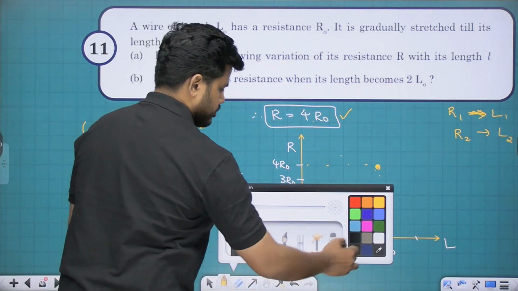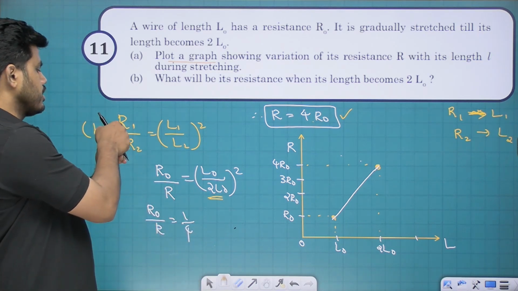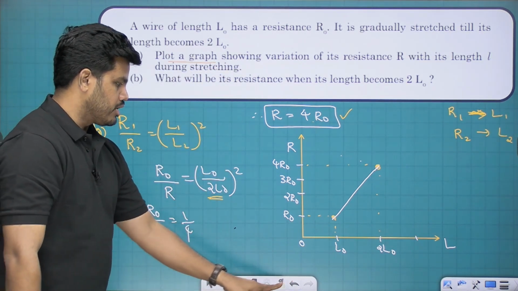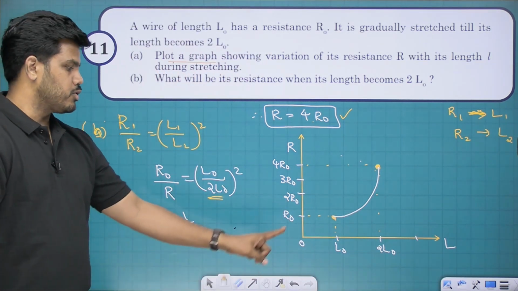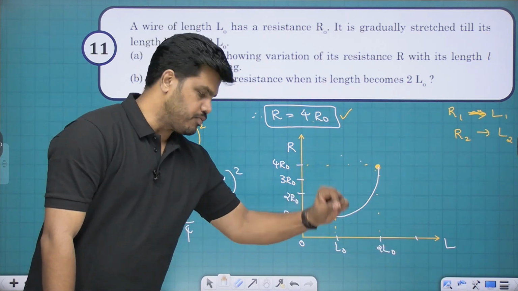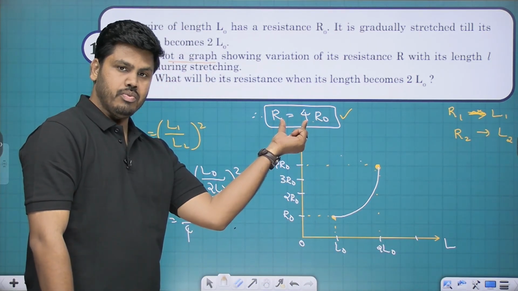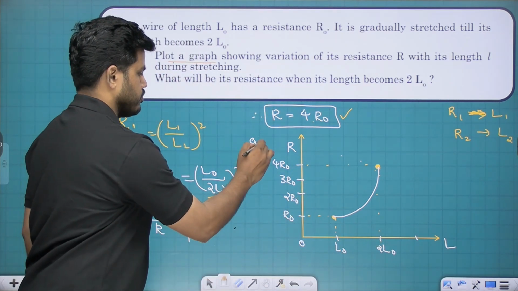And how should I draw the graph? Should it be a straight line like this? No, because resistance is proportional to L square, correct? So the graph is parabolic, so it should go like this. That is the way the resistance varies. Initial was given, final we found out when the length is 2L0. Based on that, we draw the graph. That was the answer for the first question, A.